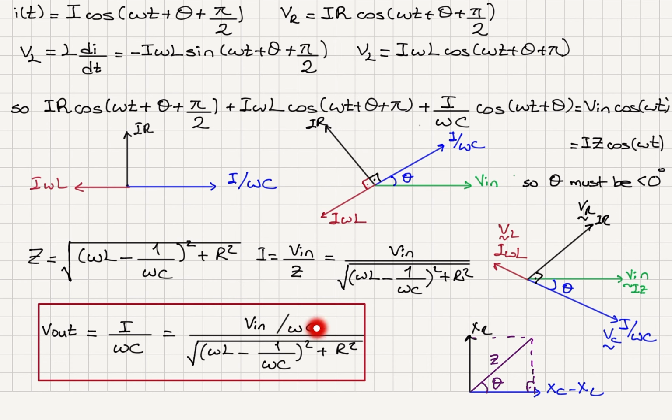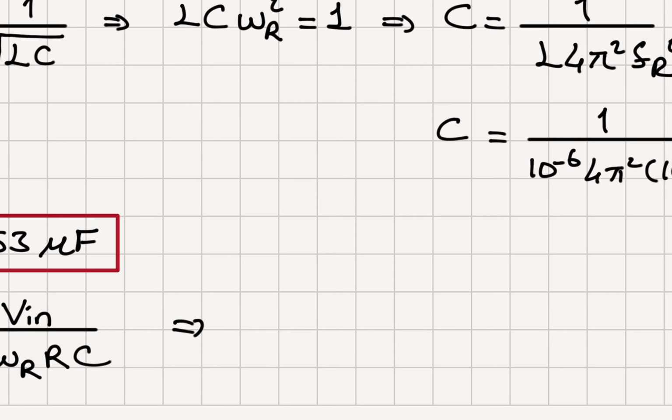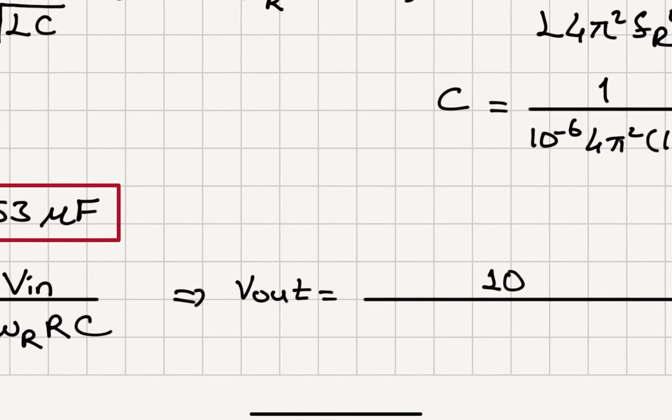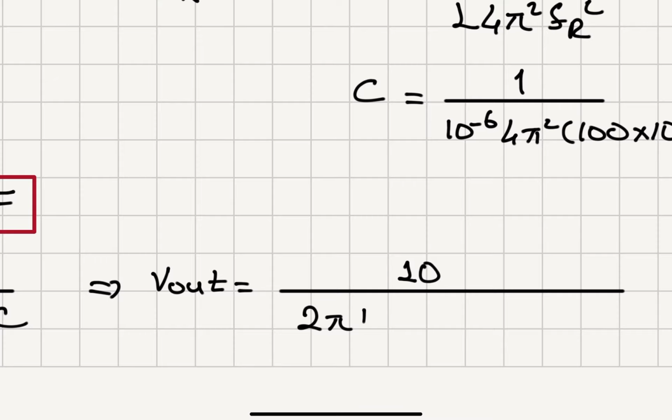So this is what we see from part A. If I substitute the numbers here, this will give me V out is equal to 10 volts divided by omega resonance 2 pi 100 kilohertz, 100 times 10 to 3.